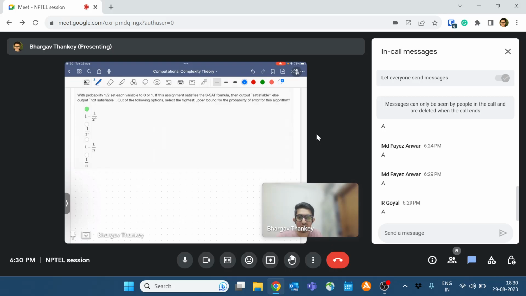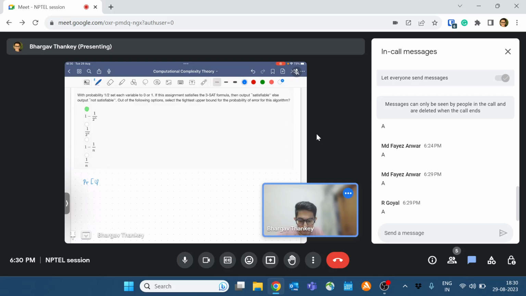Yes, but that just treats one case, right? What about when phi is not in 3-SAT? I could not hear. What happens when phi is not in 3-SAT? We want to find an upper bound on the error probability, right? So we need to do two things. Number one, when phi is in 3-SAT, with what probability does it get rejected?